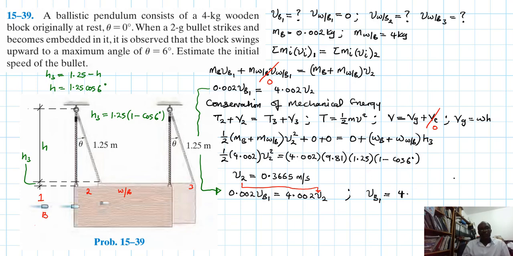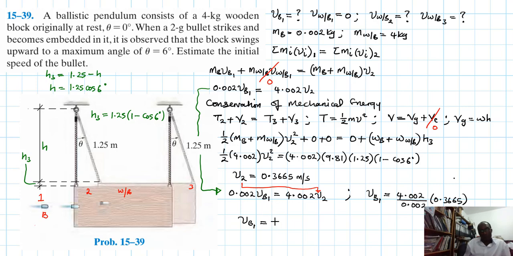sorry, 4.002 divided by 0.002, times 0.3665 like so, and therefore our VB1 is just going to be equal to 4.002 divided by 0.002 by 0.3665.